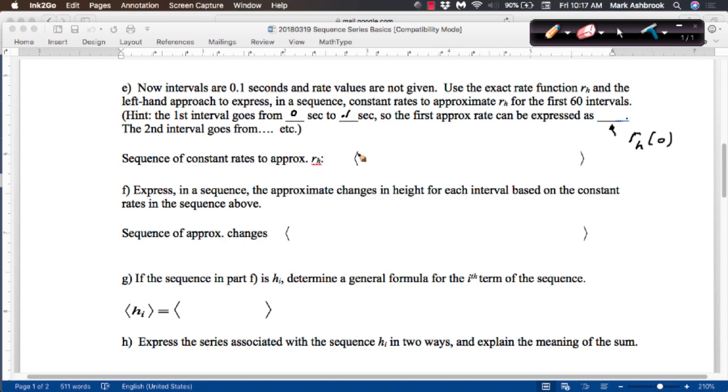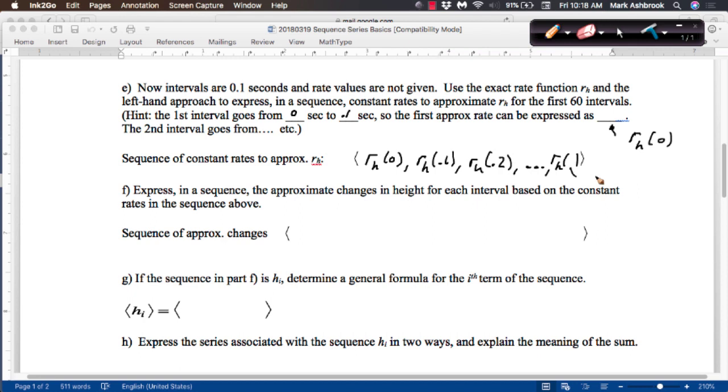The first one would be r sub h of 0, then the rate for the second interval would be r sub h of 0.1, r sub h of 0.2, etc. All the way to, what's the last one? r sub h of 5.9, since the 60th interval will start at 5.9.